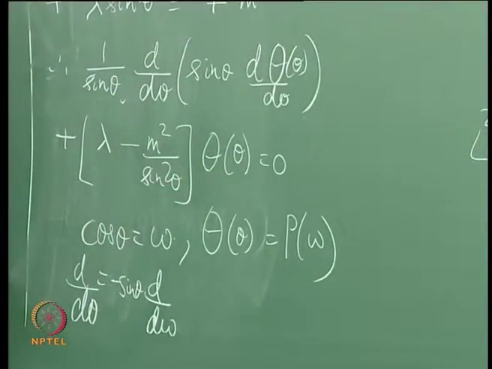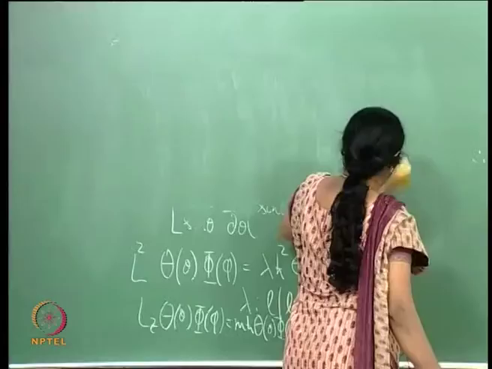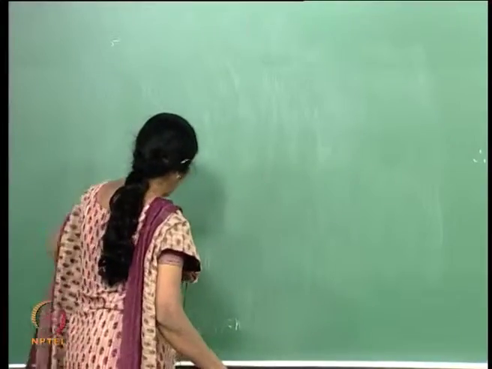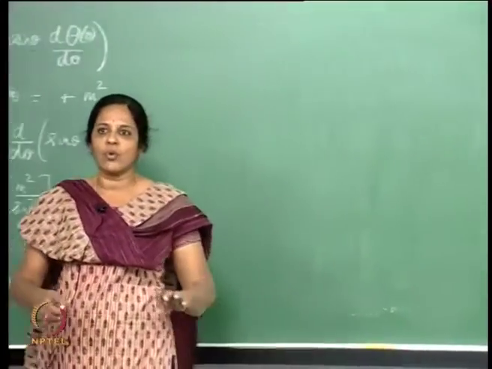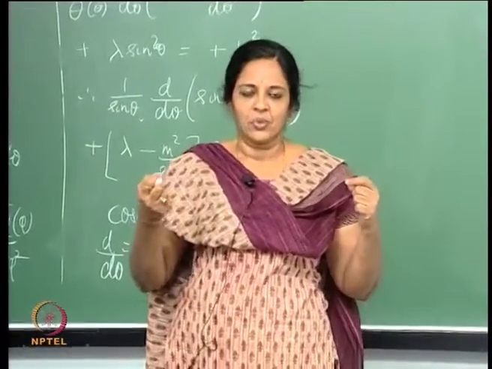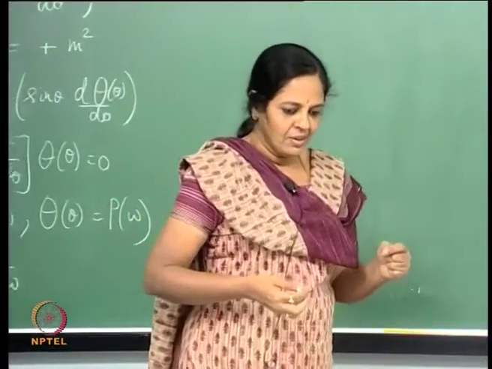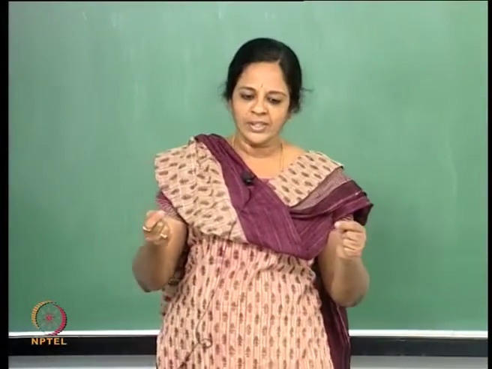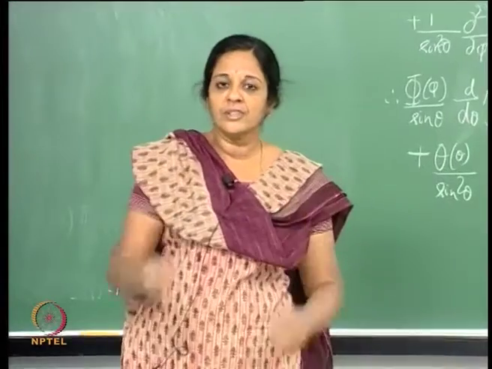in terms of W. This is analogous to what we did in the harmonic oscillator problem, where I had an equation as a function of x. It was a one dimensional oscillator, and the variable was x because we were working with Cartesian coordinates, and x went from minus infinity to infinity.